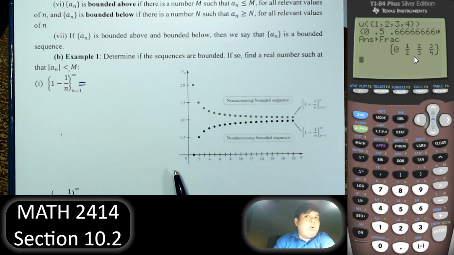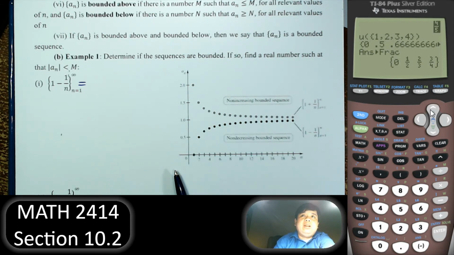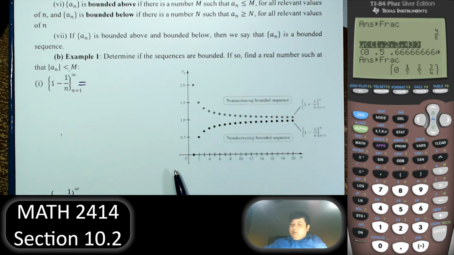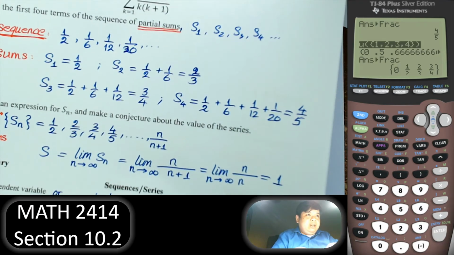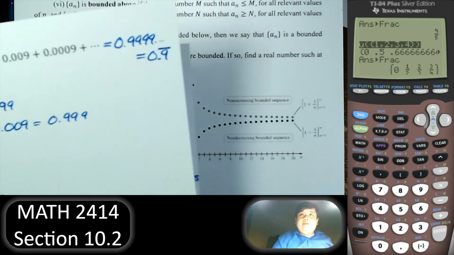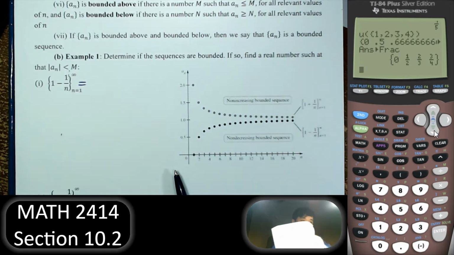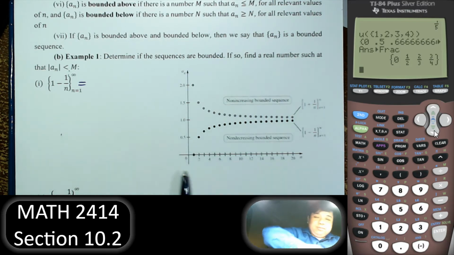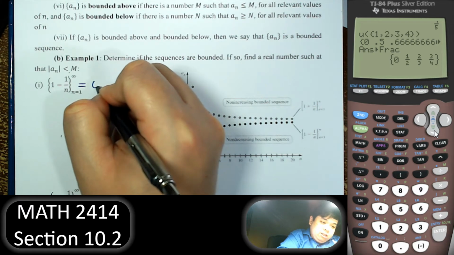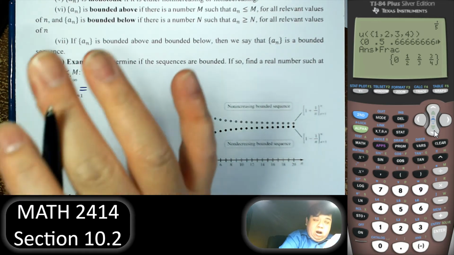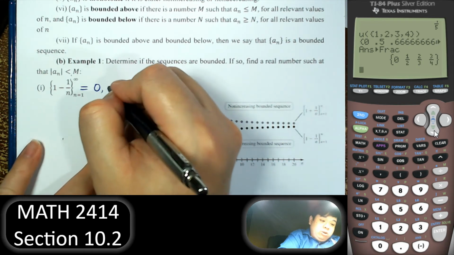By the way, is that the same as the last example in the previous section? It is the same as that summation, right? 1/2, 2/3, 3/4, and so on. So if we write this out, we start with 0. By the way, this is a sequence, not a series. So these are individual terms.